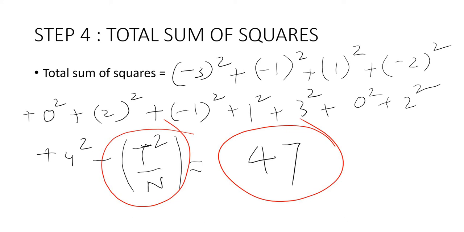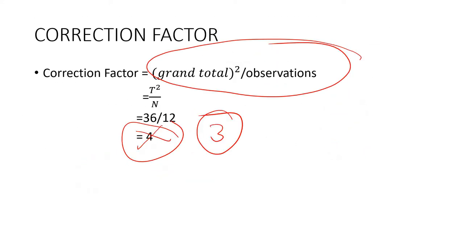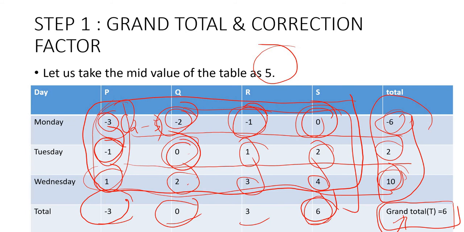You understood? Total sum of squares means, once again I am repeating, you need to calculate all the values in this table. In the first column, minus 3, minus 1, 1, square it and add it.